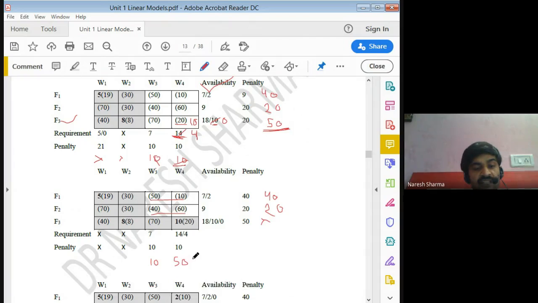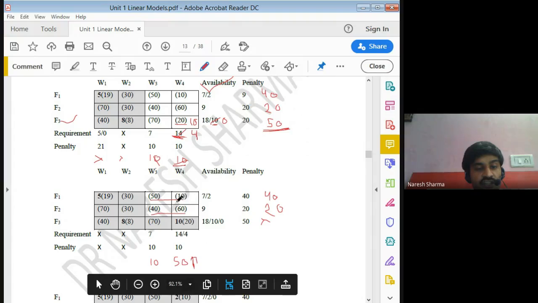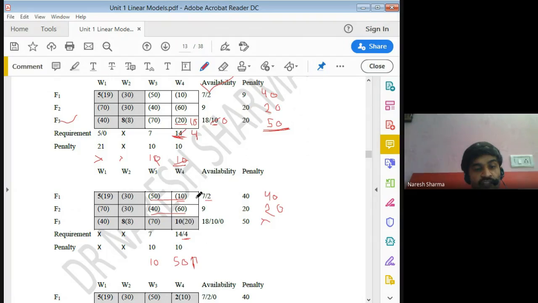So now choose the maximum value, which is 50 here, and the minimum cost here is 10. So you check here, the requirement is 4 units, availability is 2 units. So we give here 2 more units. So the availability of the factory is now 0 and the requirement of the warehouse is 2 more.